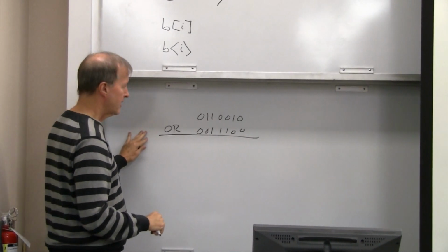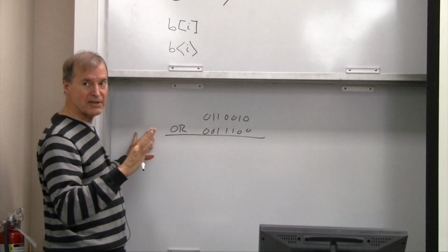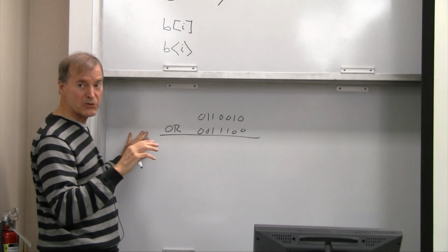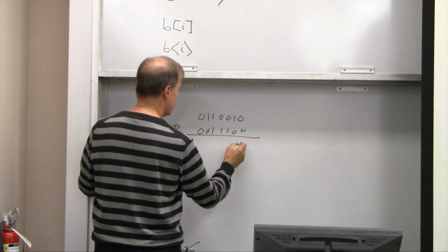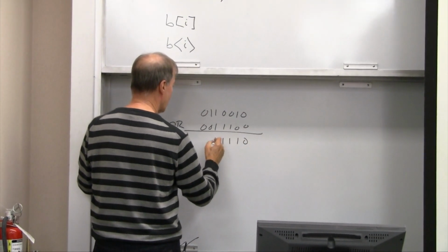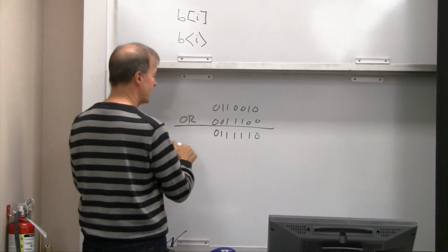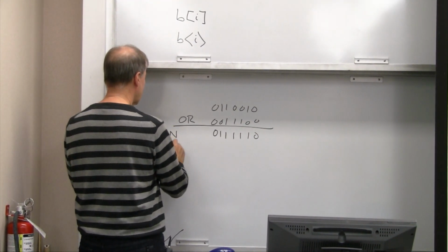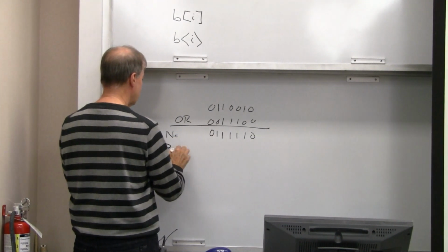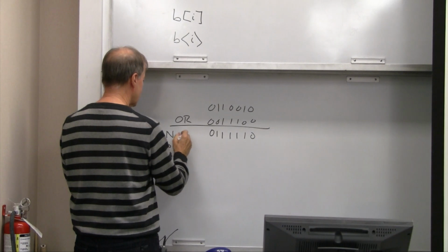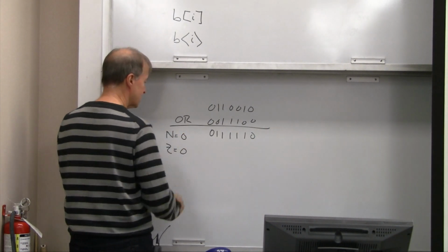If there's true, it's true. If it's 1, it's always 1. The only time you have zeros is if they're what? Both zeros. So what would this be? 0 1 1 1 1 1 0. And what did we say the two bits were that were affected? N and Z, right? So what would they be? Both of them are false. Yeah, N, it's not negative, and they're not all zeros.